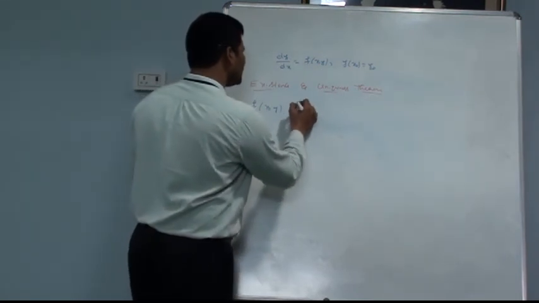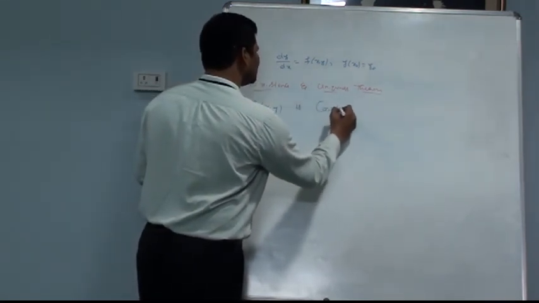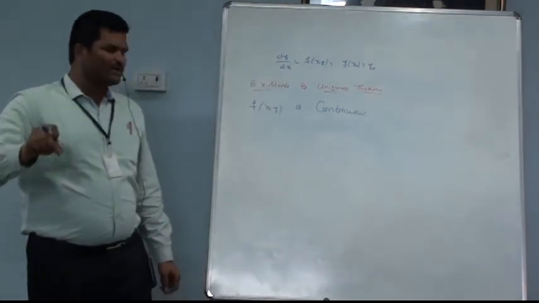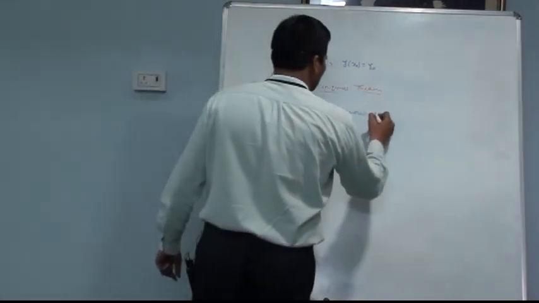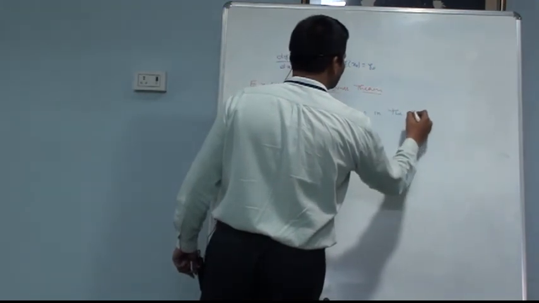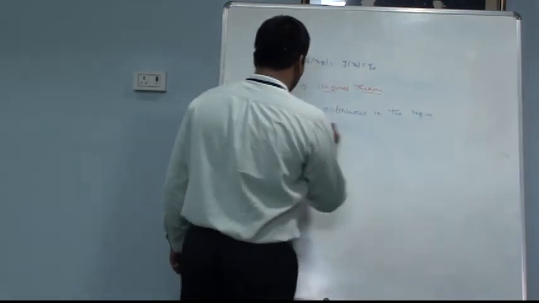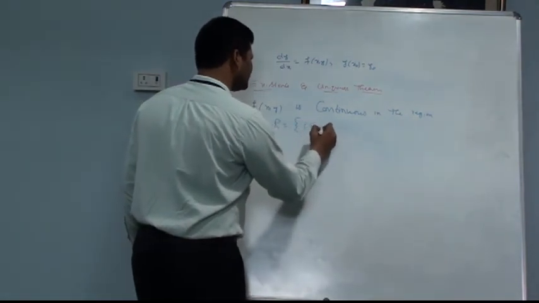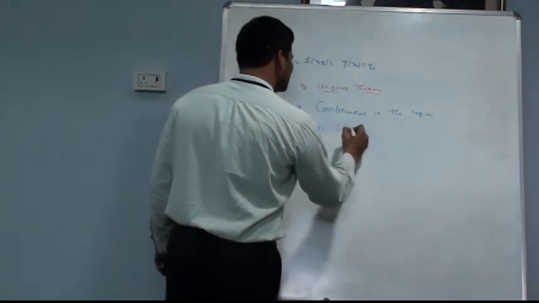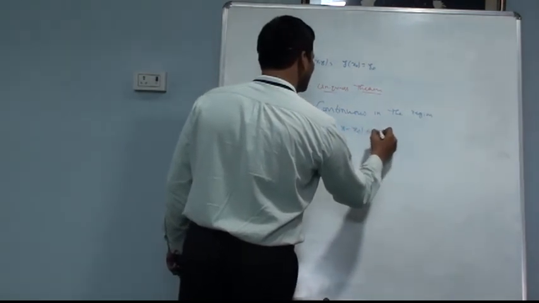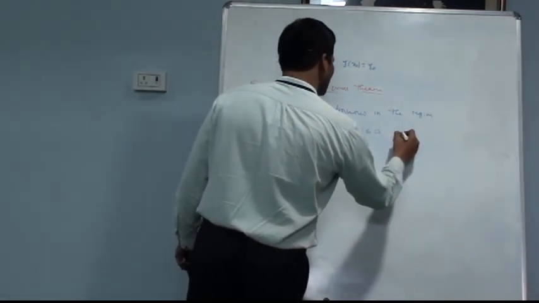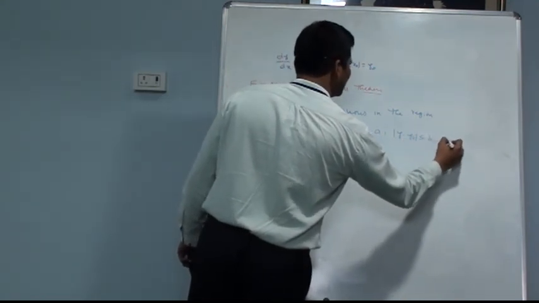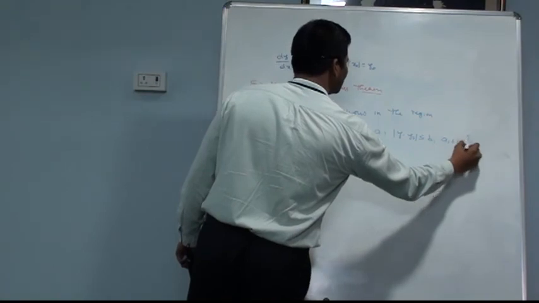What type of function? It is a continuous function. The important thing is, first of all, the given function f of x, y is continuous in the region R, the set of x, y such that x is in between a neighborhood of x naught and y is less than or equal to b, where a, b are greater than 0.